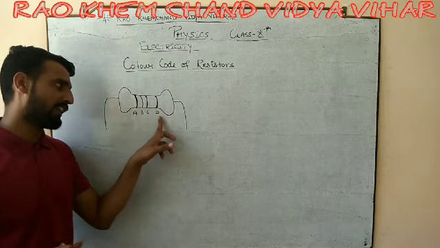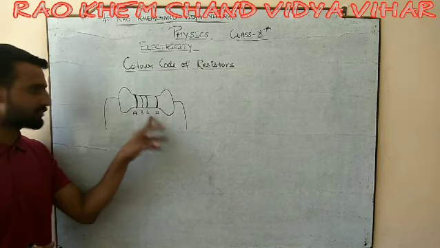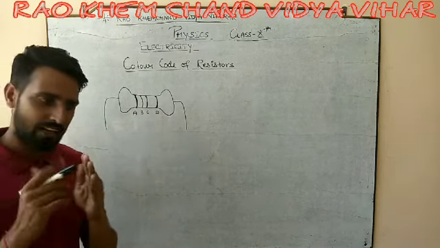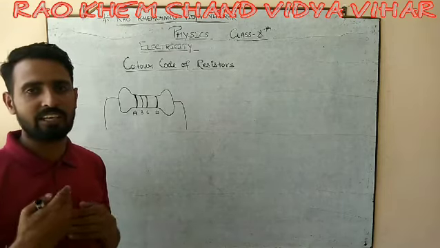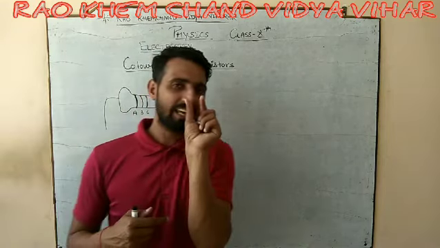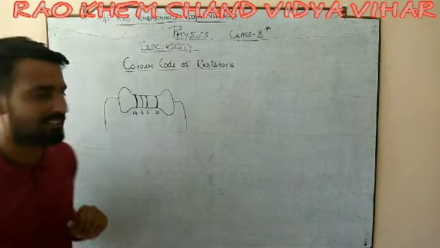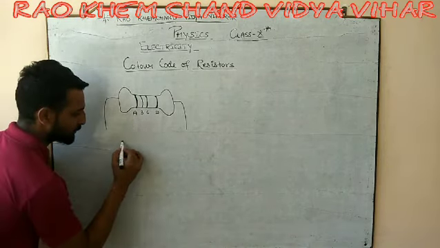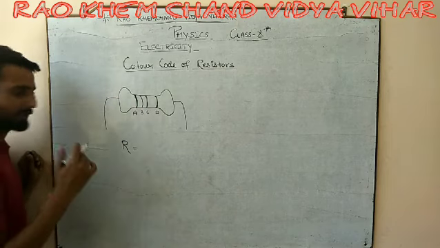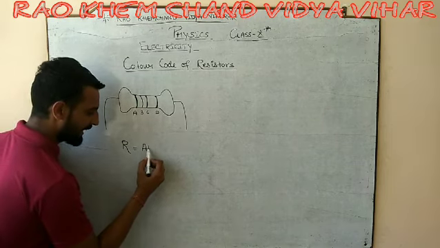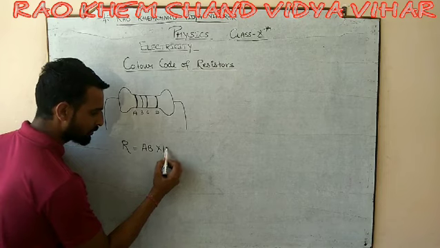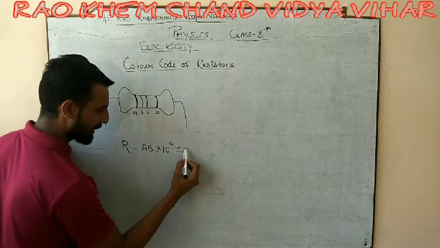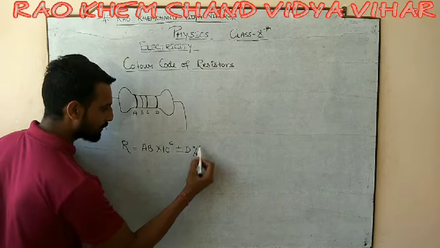If the last stripe is away from the 3 stripes, it would always be taken as D. The stripe which is very far away, the one with a slightly bigger gap, is considered D and the rest as A, B, C. And the expression for the resistance for this type of system is AB into 10 power C, plus minus D%.